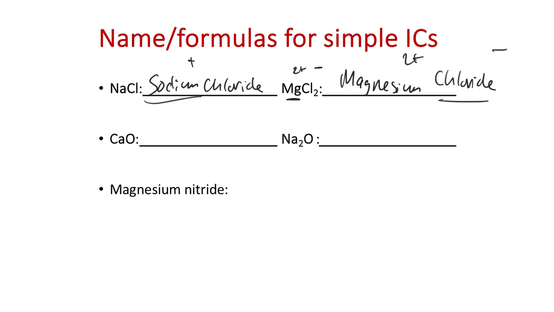So magnesium chloride for MgCl2. Then 2+ and 2- for calcium oxide. 2- again, plus an alkali metal, so sodium oxide for Na2O.